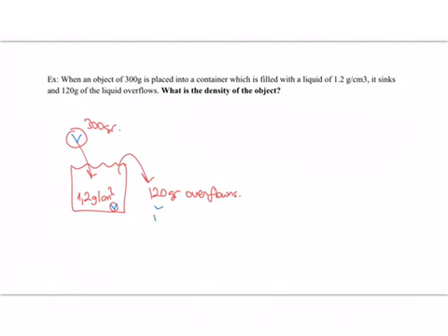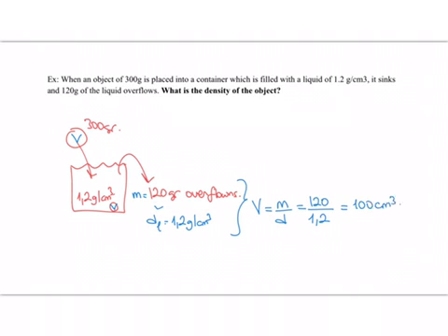So I know the density of the liquid, which is equal to 1.2. I know the mass of the overflown liquid, so I can find its volume, from m over d, which is 120 over 1.2, equal to 100 centimeter cube.